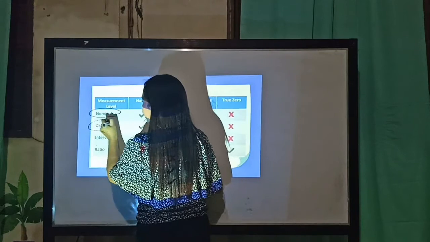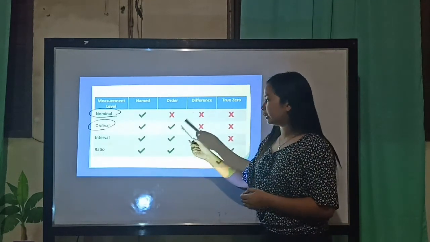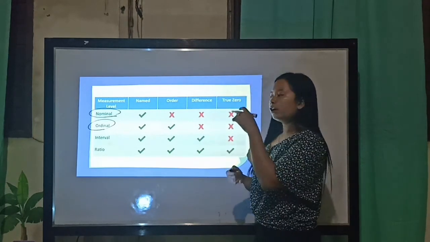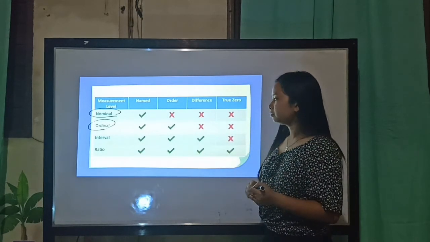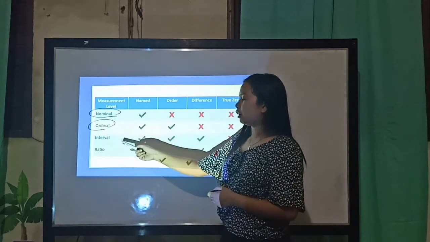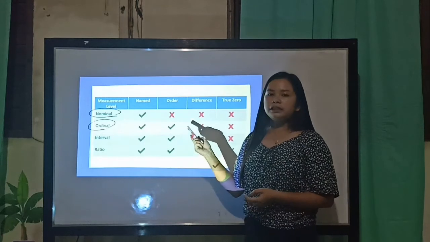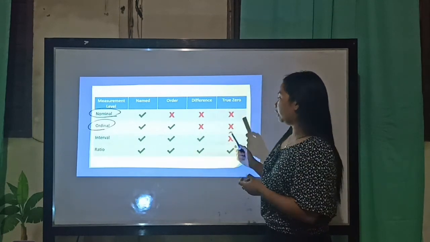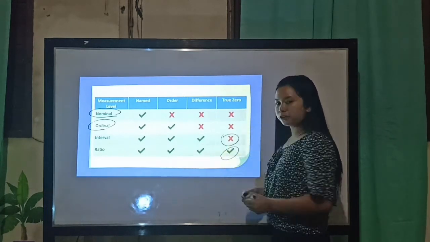When we say ordinal, we can name, makuha na yung order, but wala siya difference, ug wala siya true zero. Next, the only difference of interval to ratio is that ang interval wala siya true zero, o ang ratio naa na true zero.